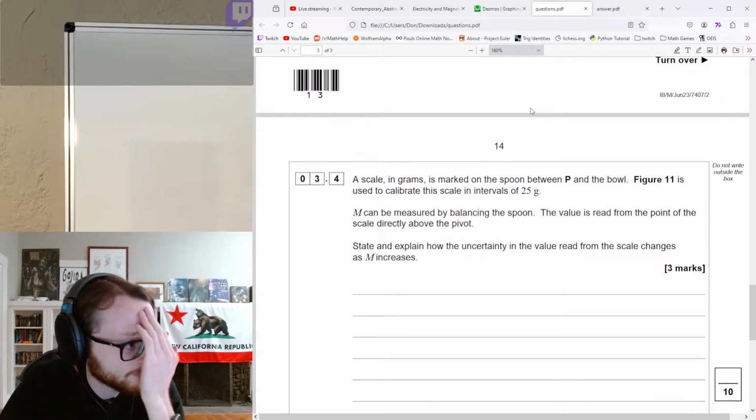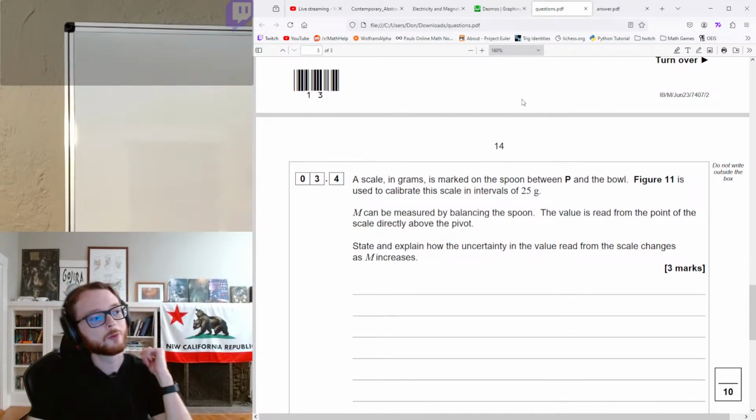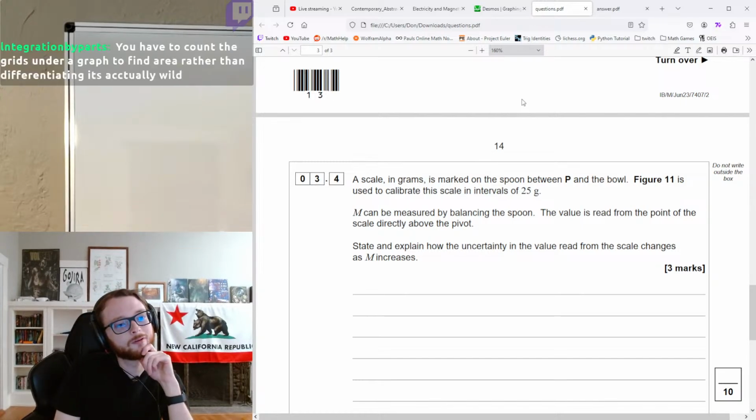How does the uncertainty, like, would it be more uncertain the smaller the weight is? Because measuring the difference between 0.01 of a gram and 0.001 of a gram is a lot harder than 5 grams and 50 grams or something.